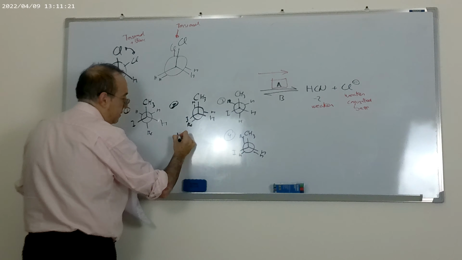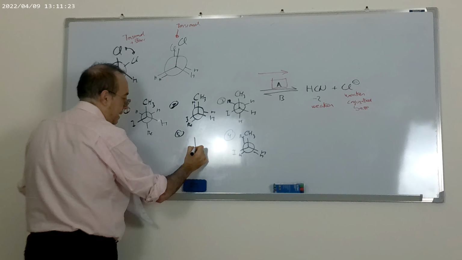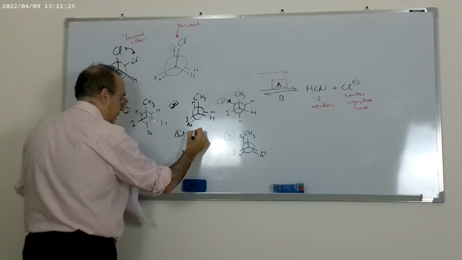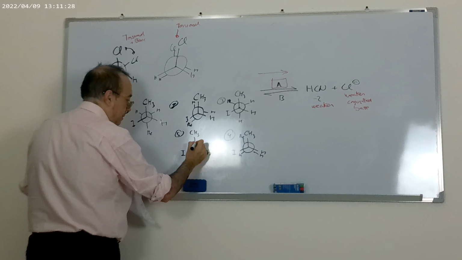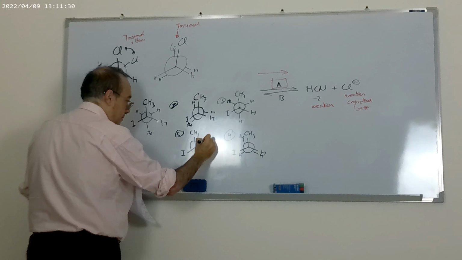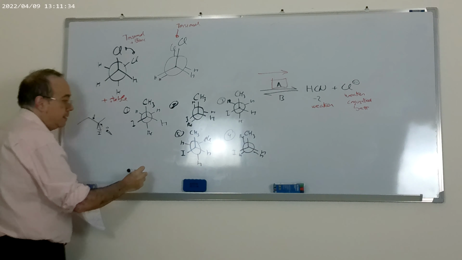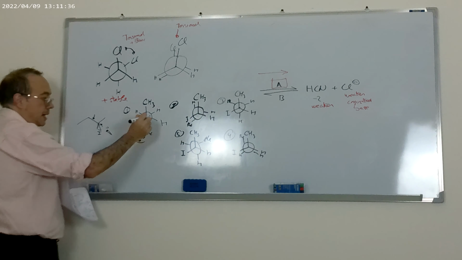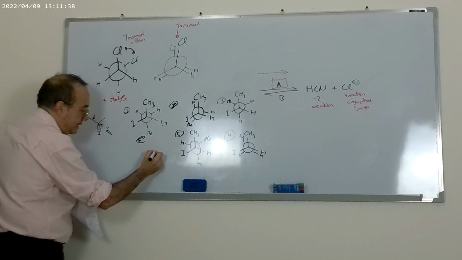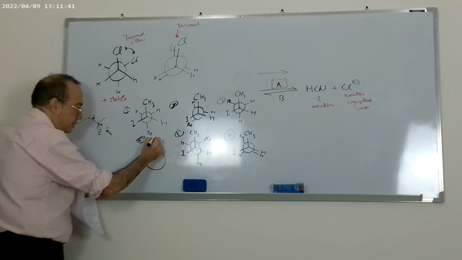I rotate again, 5, and this time what I get is the staggered one. I rotate again and I get the last eclipsed conformation.